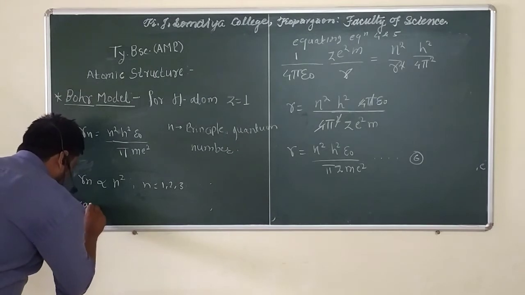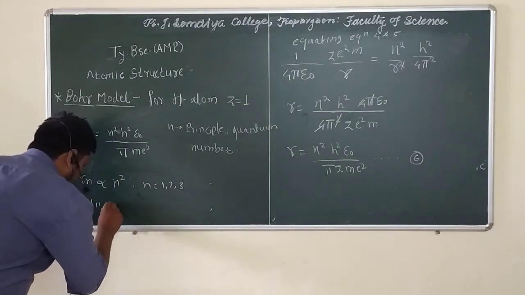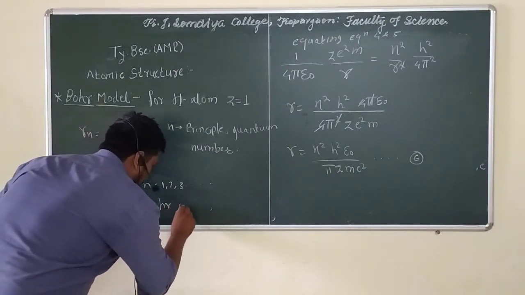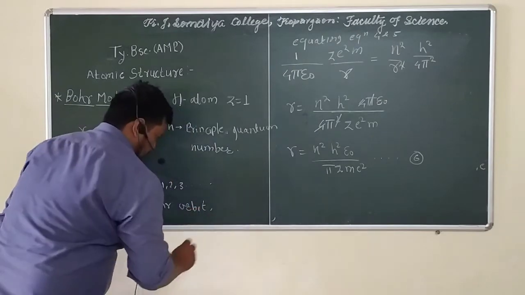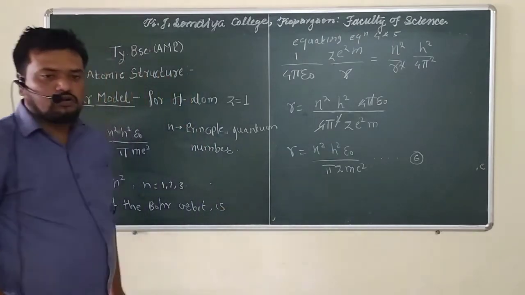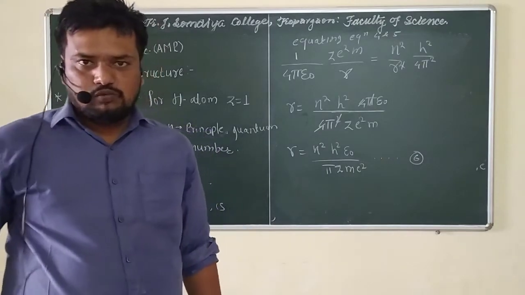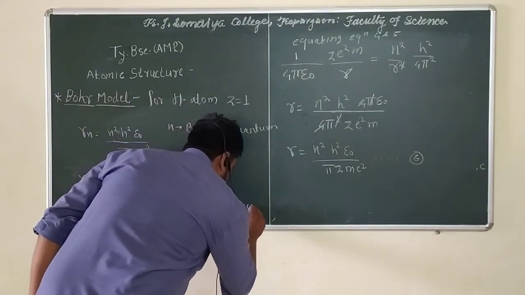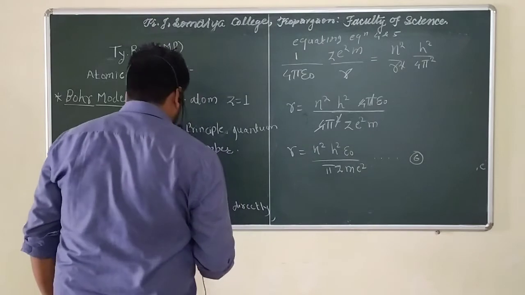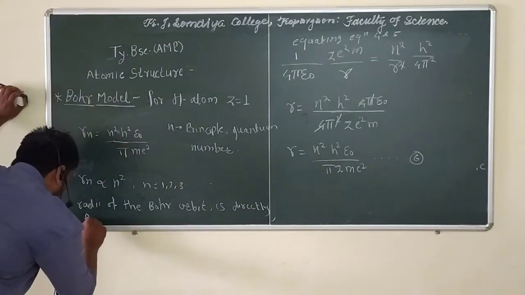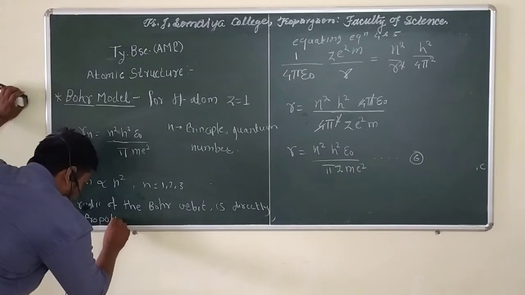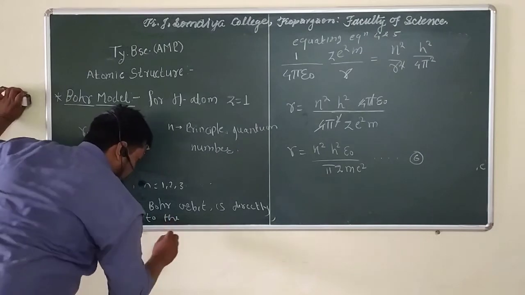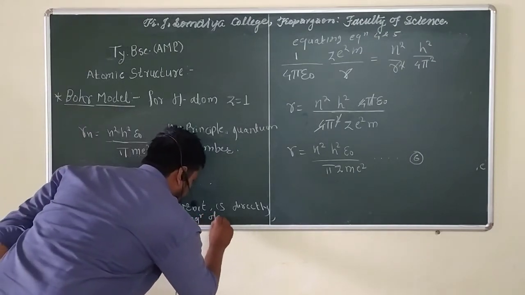So the conclusion is that the radii of the Bohr orbit are directly proportional to the square of the natural number.